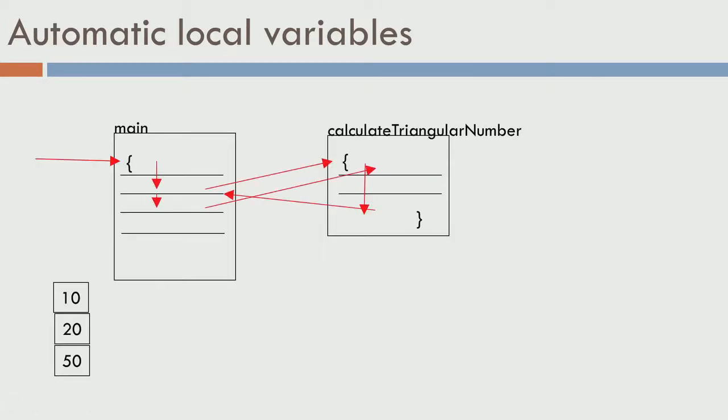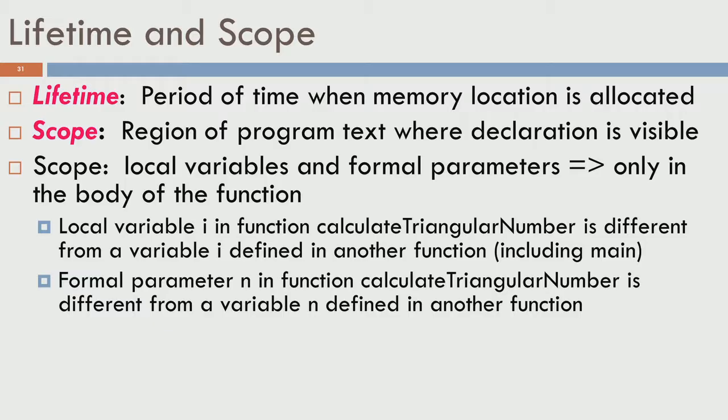So, we have the notion of lifetime. Scope is slightly different and it is an important concept to know also. Scope is the region of program text where a declaration is visible. We have not seen this in any detail earlier, we will see that now. All the local variables and formal parameters are not only alive within the function, their scope is also only within the body of the function.